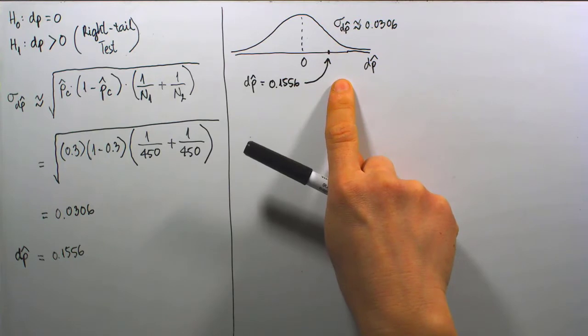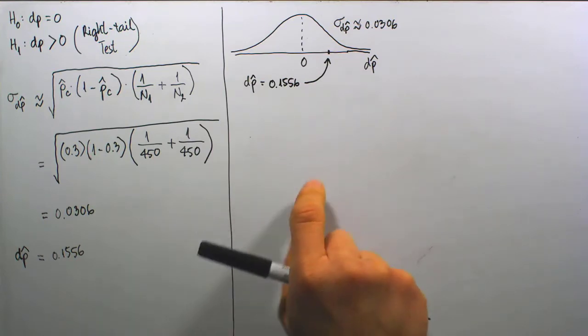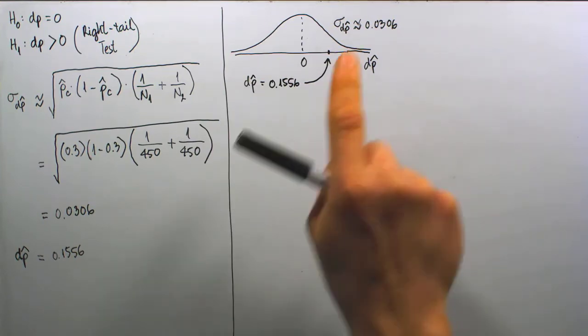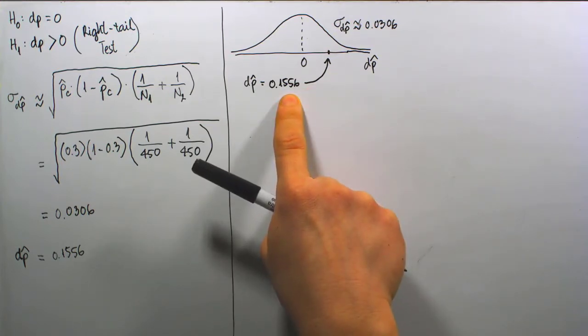And now let's take a quick pause to allow me to point out a couple checkpoints for consistency right here. Our dp hat value is calculated and listed here as a positive value.